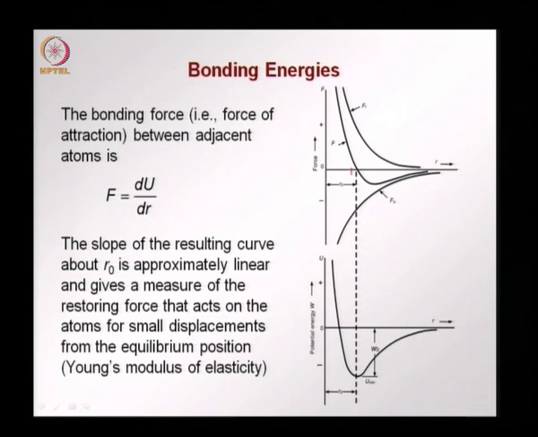This part gives the restoring force that pulls the material back to its stable state, and this part being linear indicates why we have an elastic regime in most materials, and also why we have Young's modulus both in compression and tension, which are equal.